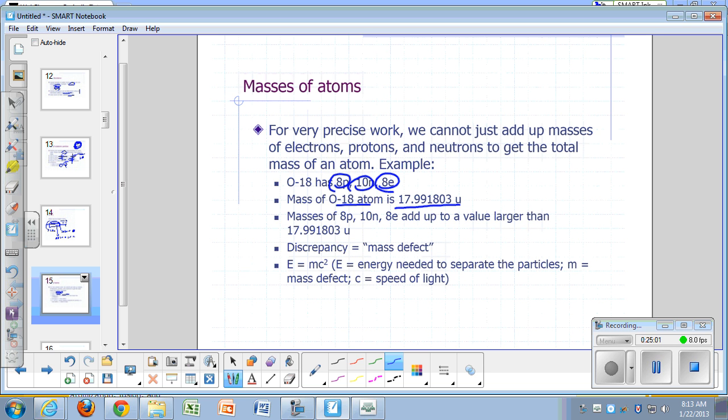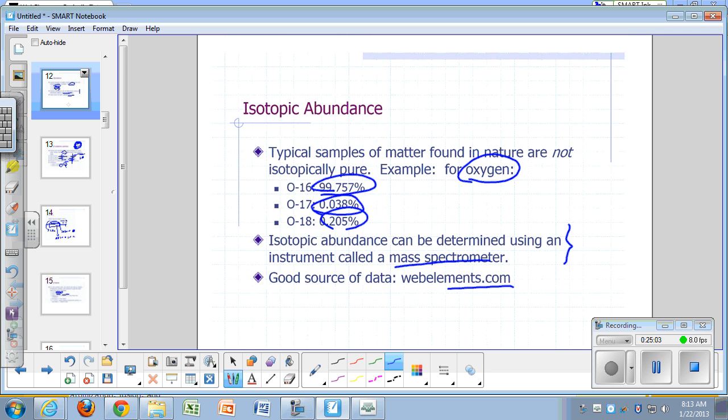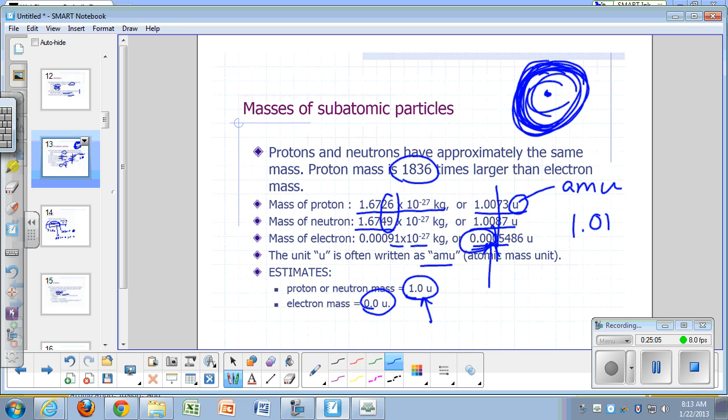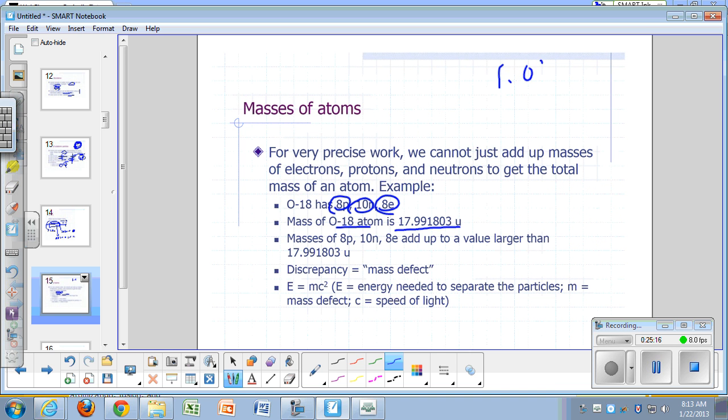What was the mass of the proton that we had earlier? 1.007, 1.01. Each proton is 1.01 and each neutron is 1.01. Electron is 0.0, even if we go to the nearest hundredth. 1.01 times 8 protons is at least 8.08.